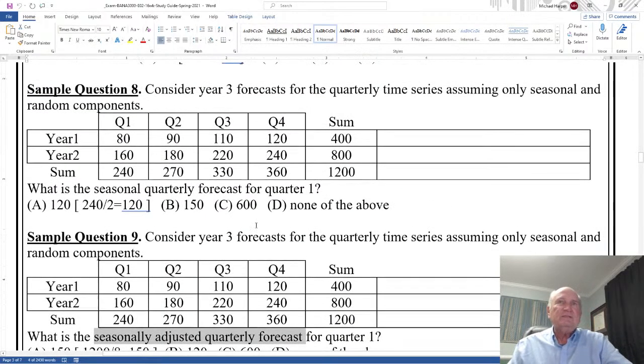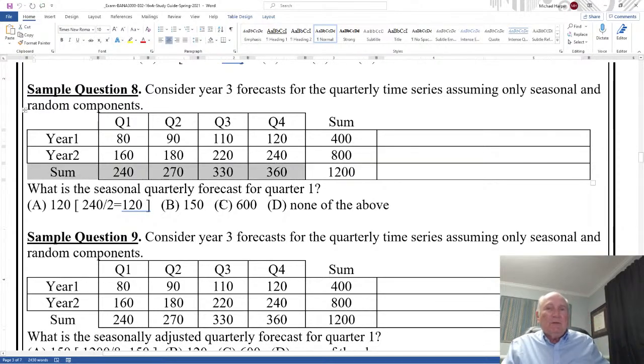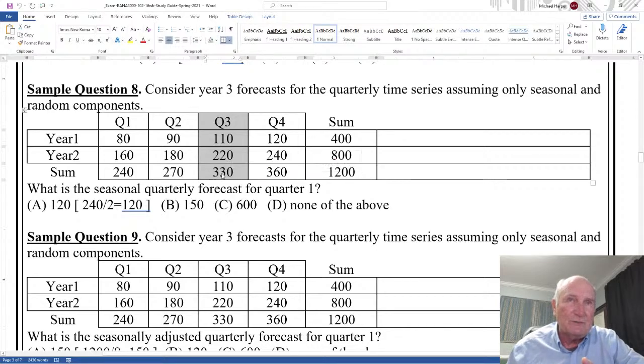And so the seasonal forecast for, say, quarter 1, well, this is the sum, and I'll give you the sum. So the sum here, since it's a sum of 2 values, it's just going to be 240 divided by 2. If it's quarter 3, it's 330 divided by 2.